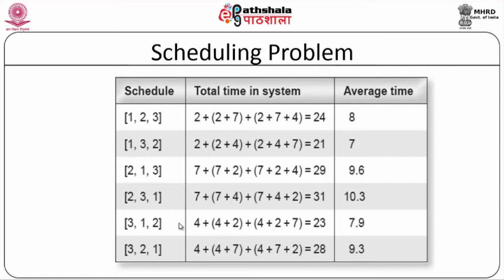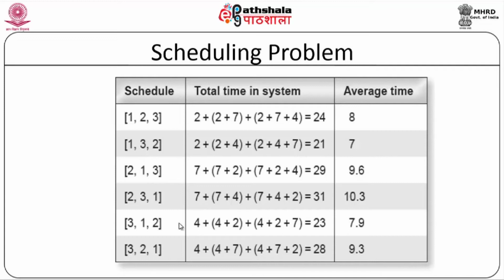This 24 is arrived at by taking into account not only the running time, but also the waiting time. The turnaround time is nothing but the total time divided by the number of jobs. So, it is 24 by 3, which is 8. Similarly, you can also calculate the turnaround time for the other schedules.